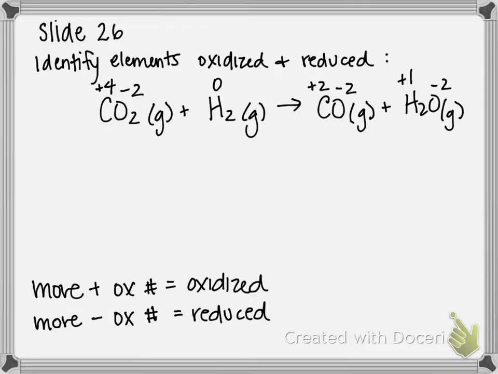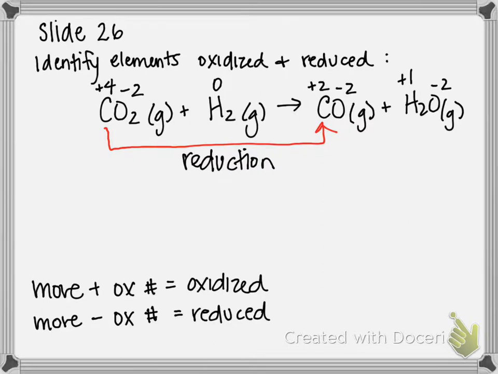We're gaining electrons. Therefore, carbon is undergoing a reduction. So, carbon is going from +4 to +2. It's gaining electrons in order to do that, so therefore it's reduced.